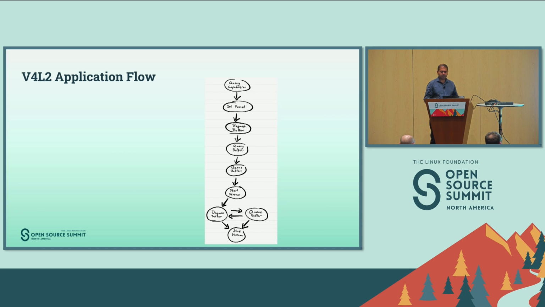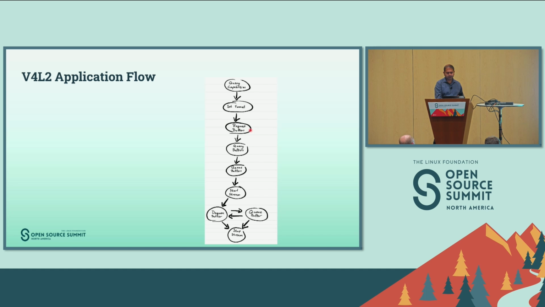So here's a slide that shows the V4L2 application flow. There are APIs to query capabilities. You could set formats. Cameras could advertise multiple different formats, and all that could get set. There are also APIs to request buffers.